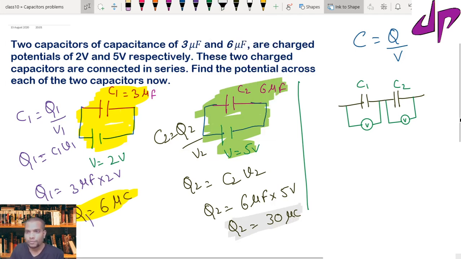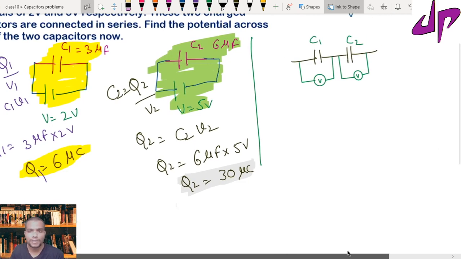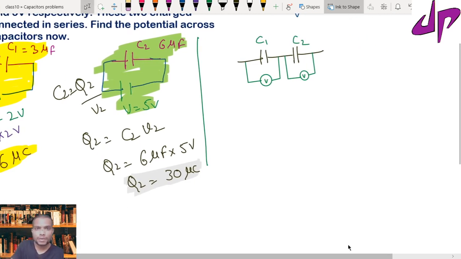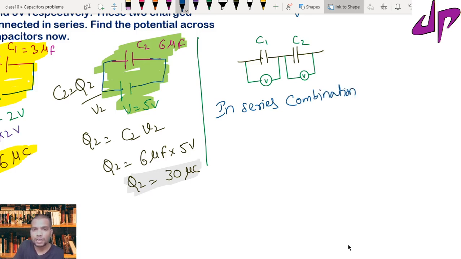Now when we connect these two capacitors in series, what happens? In series combination, charge is conserved.